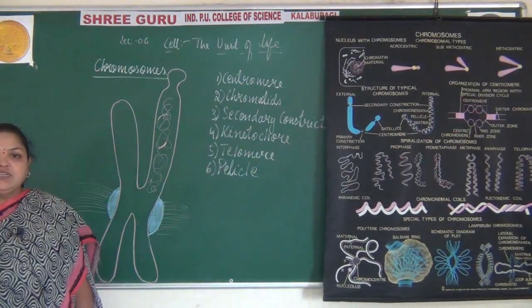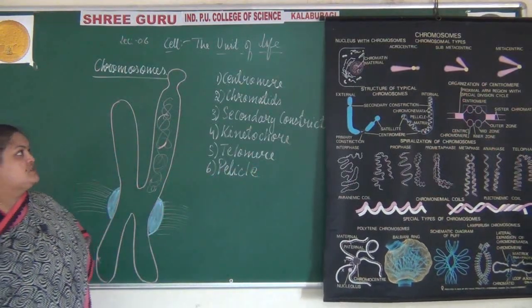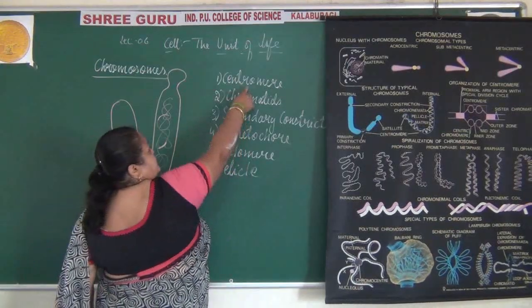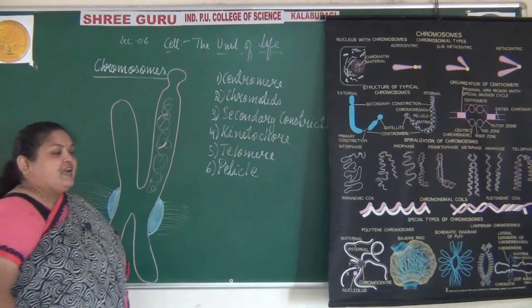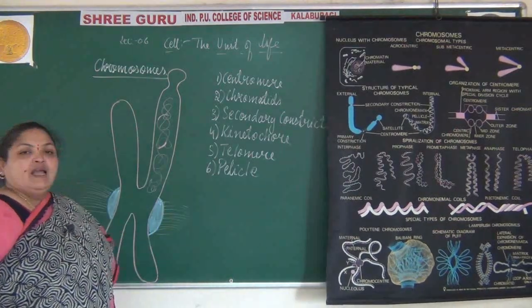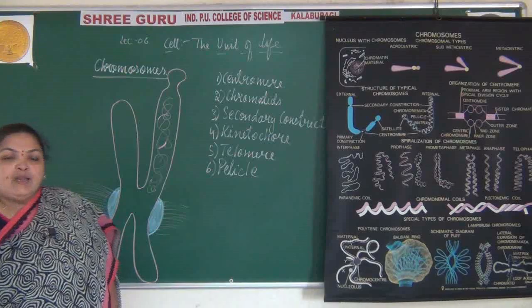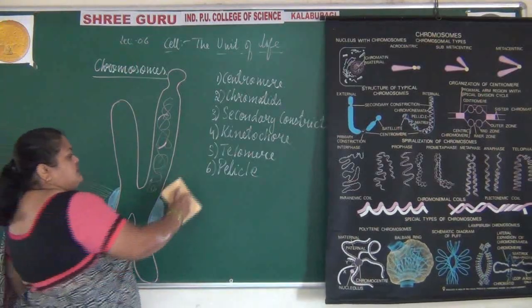You can find these structures in the chromosomes. It is made up of centromere, chromatids, secondary constrictions, kinetic core, telomere, and the pellicle. So one by one we will go with these structures.